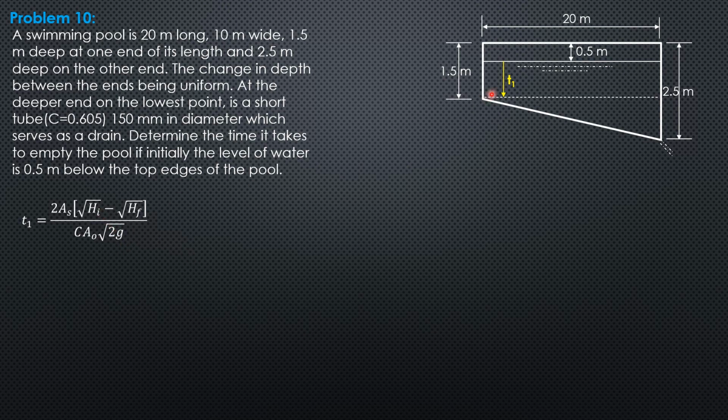HI is the vertical distance from the drain to the initial level, which is 2.5 minus 0.5, so 2 meters. Therefore, 1.5 minus 0.5, so this is 1 meter deep. So the final level should be 1, and the initial level should be 2.